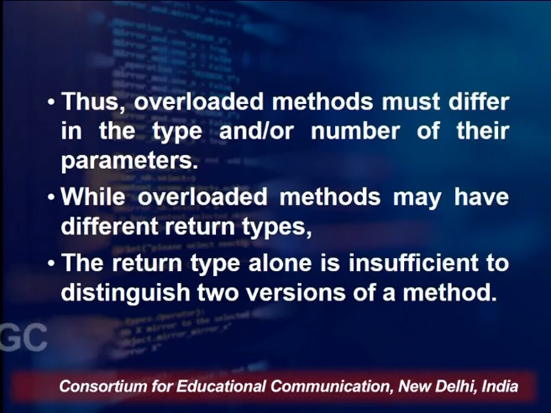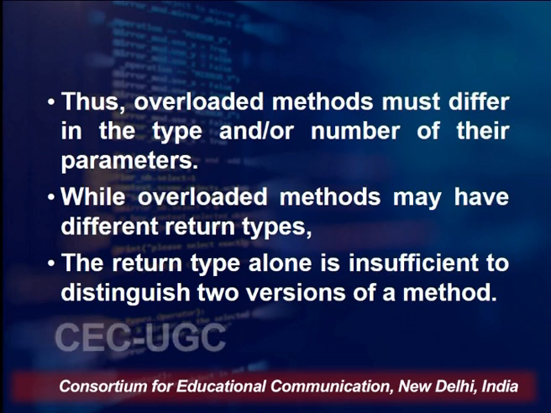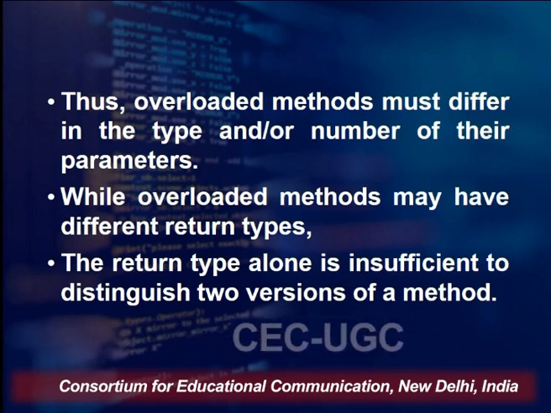At first glance, it seems unclear why overloading is required. We will look into the need for overloading in a short while. But one very important thing is that overloaded methods must differ in either the type or the number of their parameters.